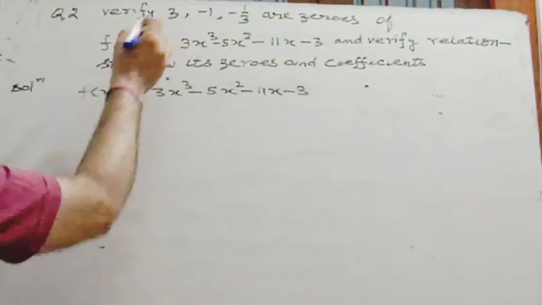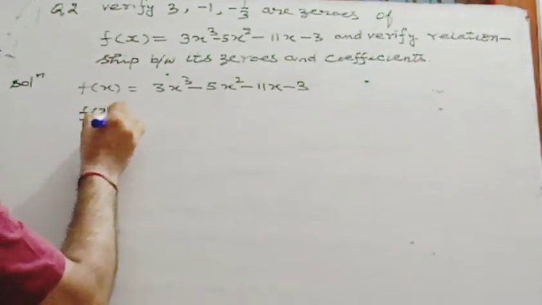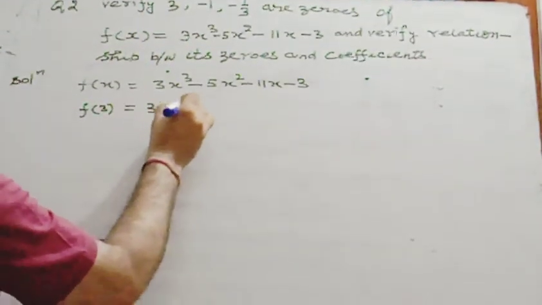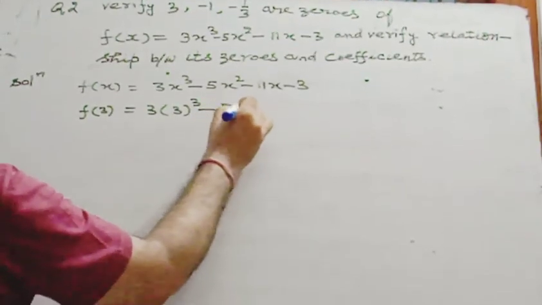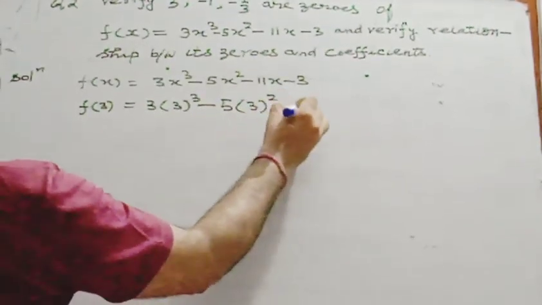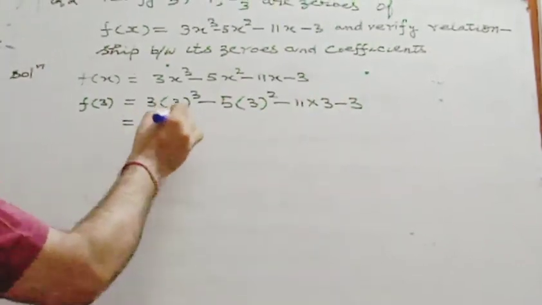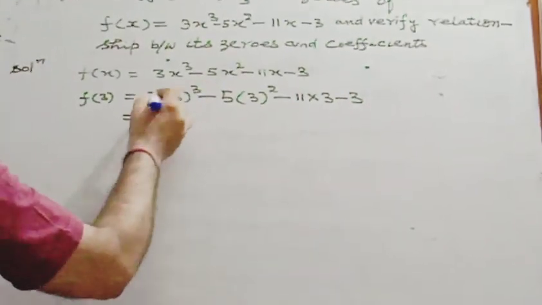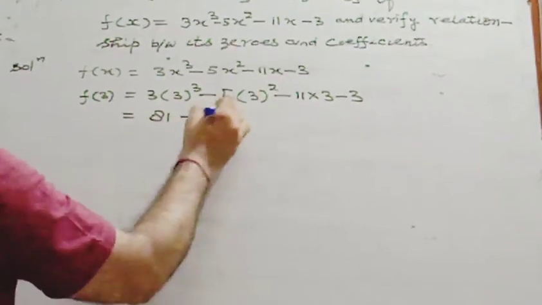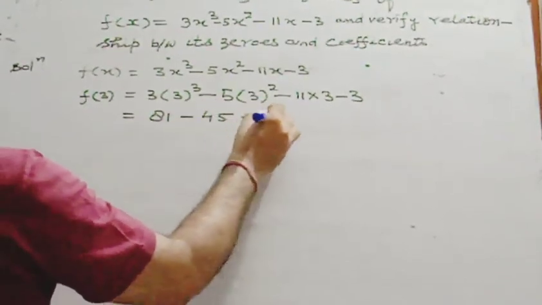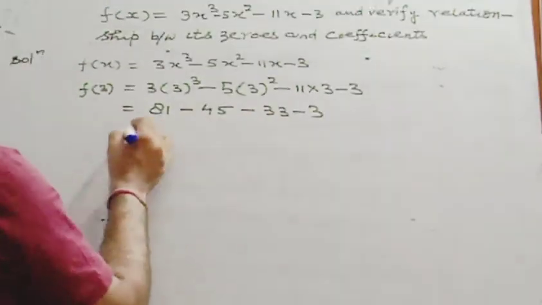Value of f(x) at x is equal to 3: 3 into 3 cube minus 5 into 3 square minus 11 into 3 minus 3. 3 3s are 9, 3 9s are 27, 3 27s are 81, 5 9s are 45, 33 minus 3.